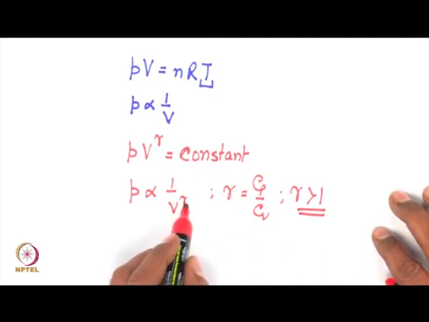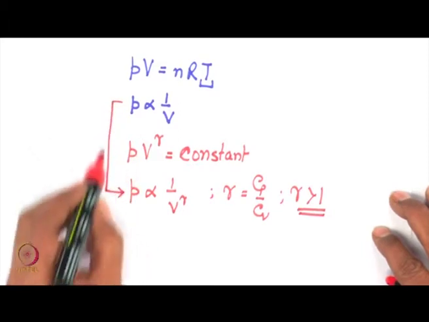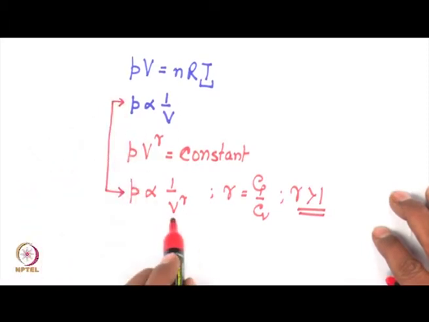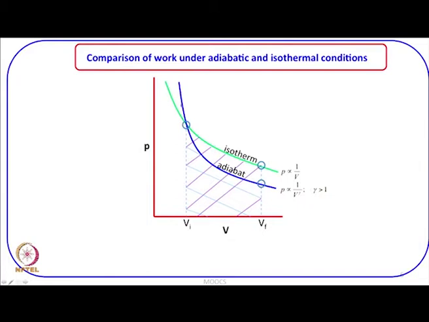Now, if gamma is greater than 1, and if you compare this versus this, here with increase in volume, the pressure is going to decrease more sharply, because gamma is greater than 1. And that is what we see in this blue line, which is for a perfect gas adiabat, that as the volume increases, the pressure is decreasing more sharply.